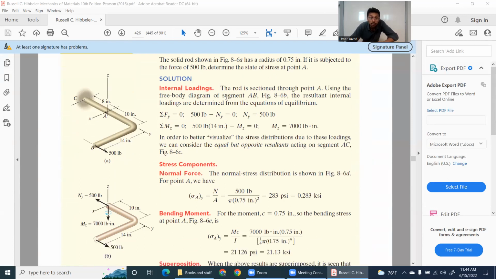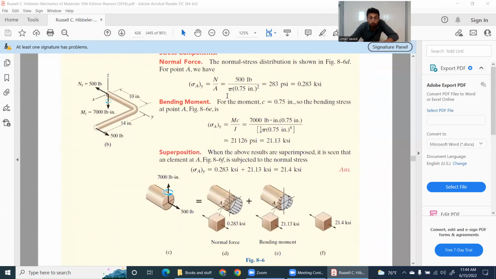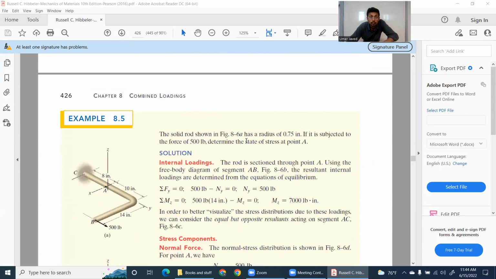It has, I think, bending as well. Does this problem have any shear for point A? Forget about point A being at the surface. Even if point A was at the center, do we have any shear because of the 500-pound force?